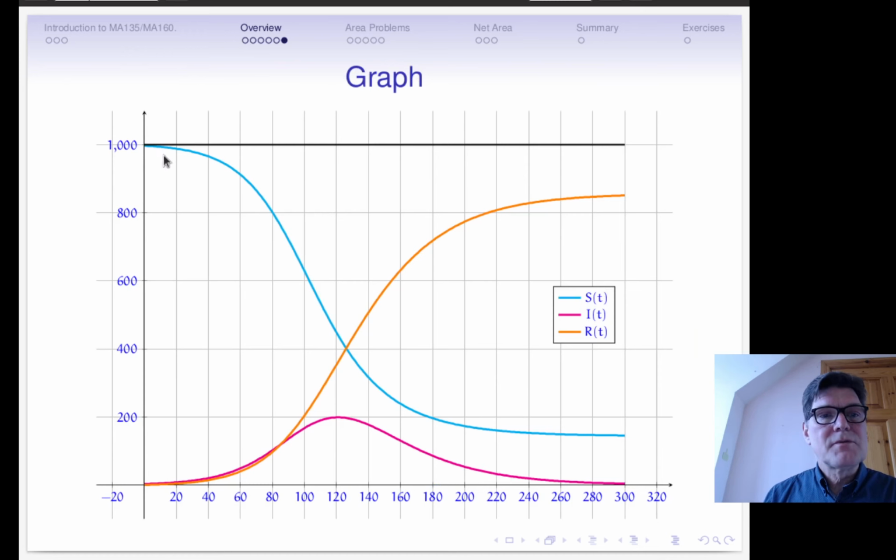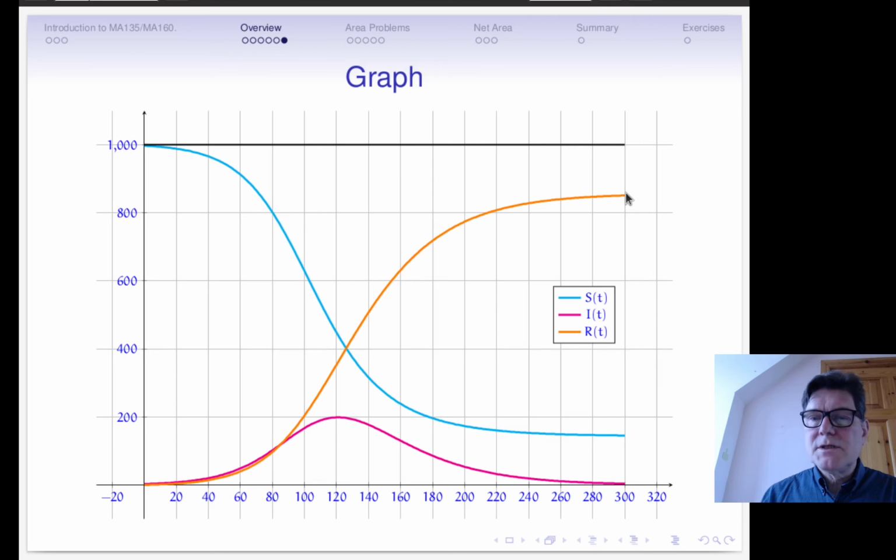Now we're starting with almost no infections at all. The numbers go up and then slowly go down towards 0 again, with the number of susceptible people going down all the way and stabilizing at some point here. And on the other hand, the number of recovered people going up and stabilizing somewhere here.